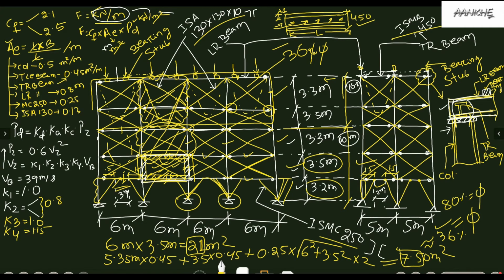Okay, so our Vz comes to be how much? Vz comes to be 39 into 1 into 0.8 into 1 into 1.15, 35.88.